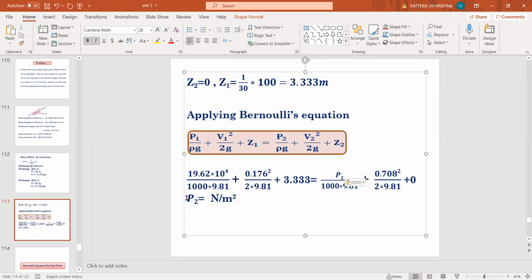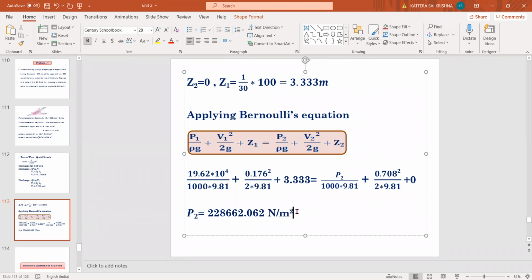P2 is equal to 2286 62.062, in Newton per meter square.